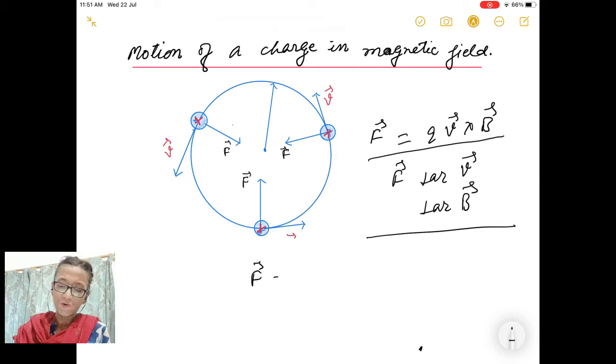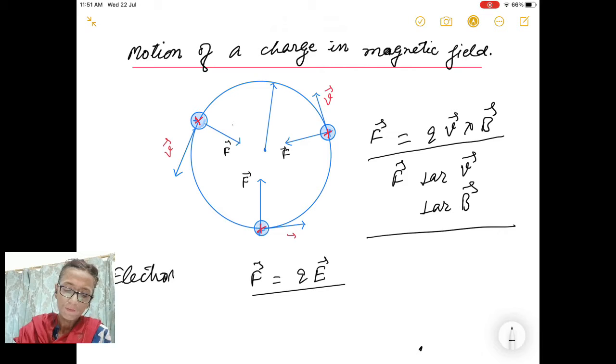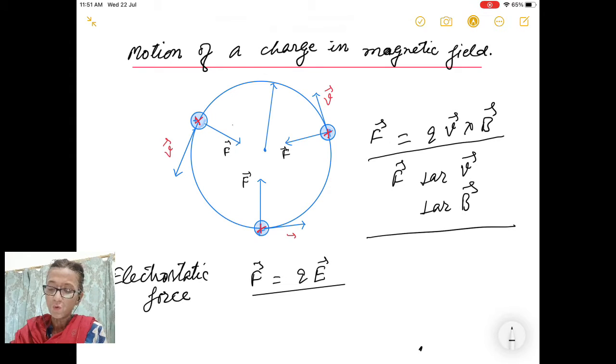In the electrostatic force, we can see that the force is in the direction of the electric field, and it is in the direction of change of velocity. So it produces a change in momentum, and it carries energy too. This force carries energy. The electrostatic force F is equal to qE.